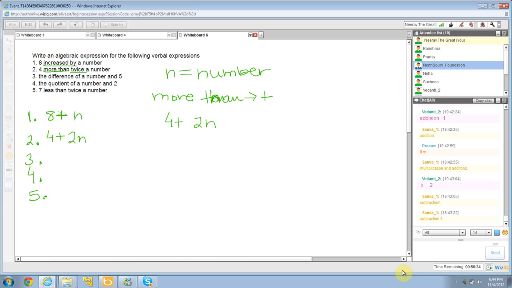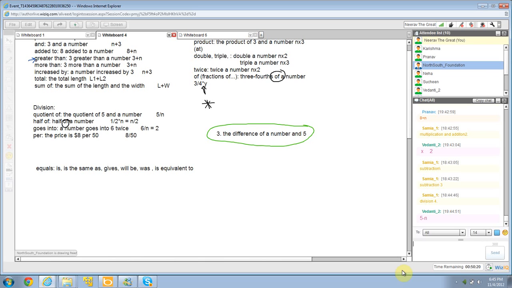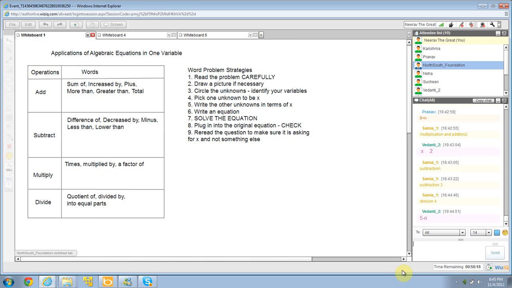There's the problem we're working on, and you guys can use these to help you. And also keep in mind subtraction includes. So here, I'll write it here actually.